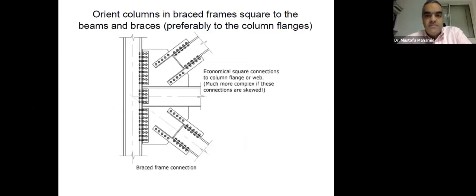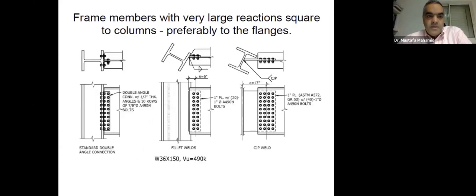Orient columns in braced frames square to the beams and braces. So here you can see if the connection is to a flange, it's much easier than if it's to the web, as we will see. The gusset plate size will be less, the connection will be easier, and the geometry of the connection for its design will be a lot easier. Frame members with very large reactions square to columns, to the flanges, are preferable.